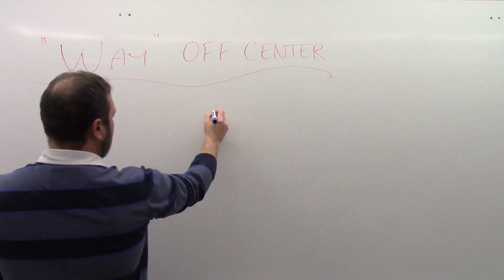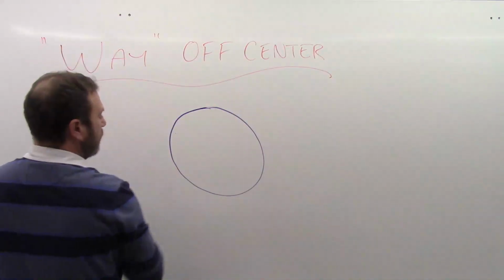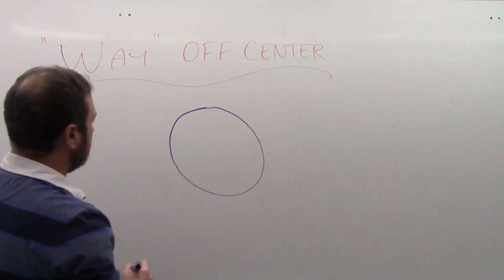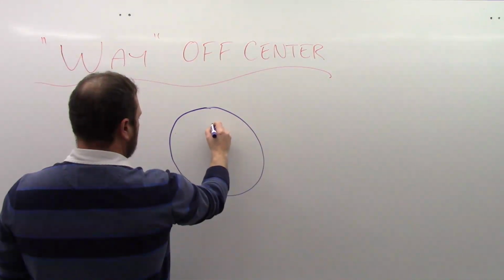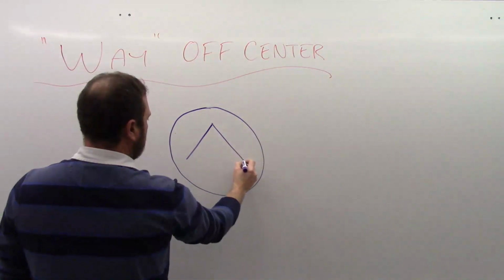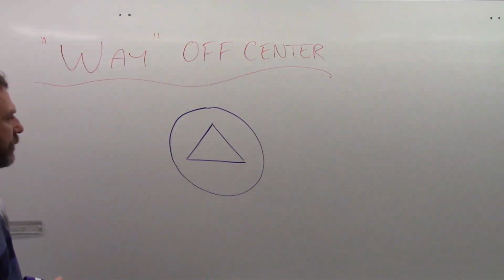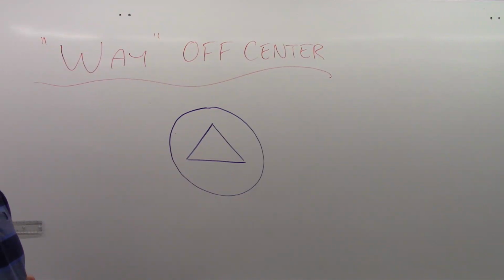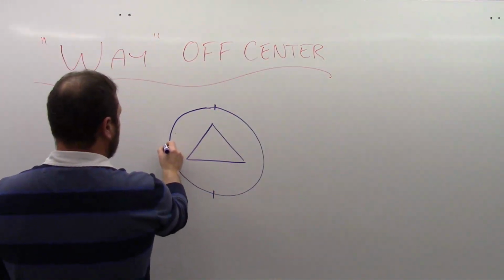Now what if we did something, say a circle to a triangle? We could build that, no problem. All we need to do is establish a plan view.